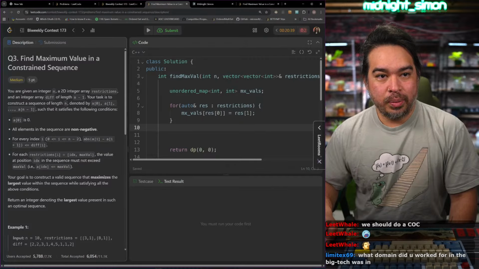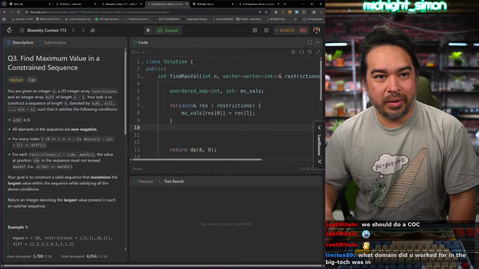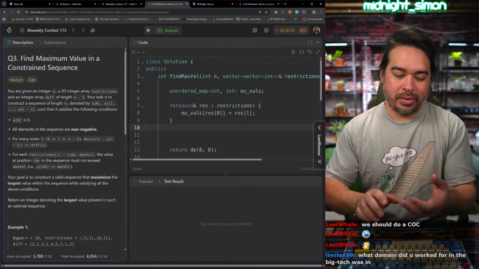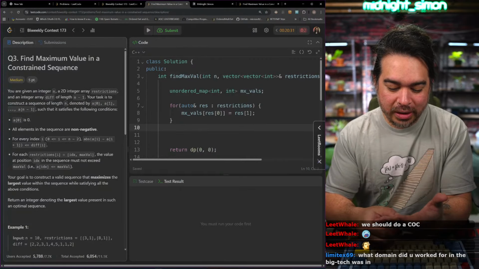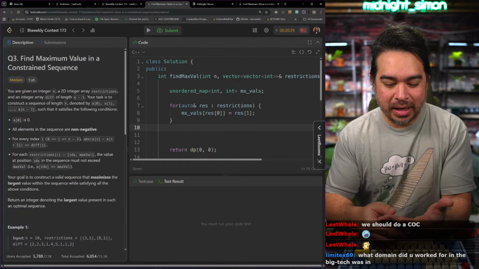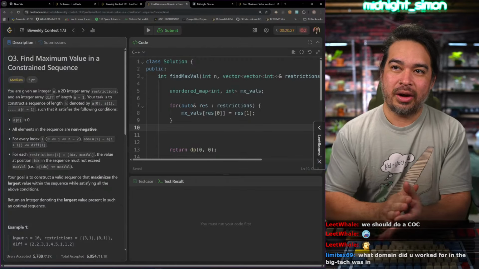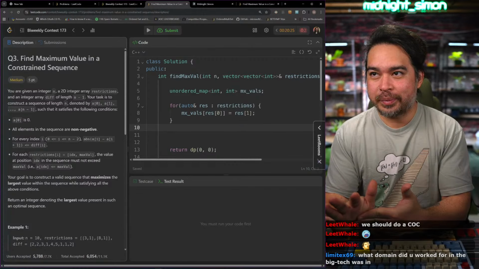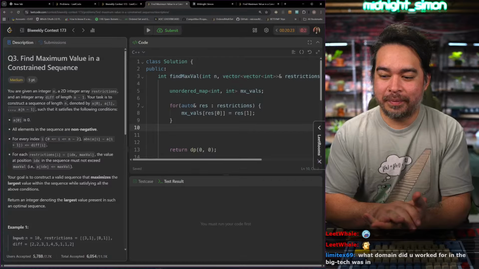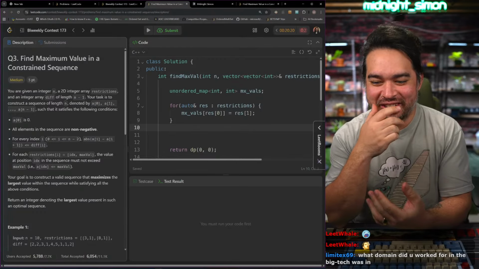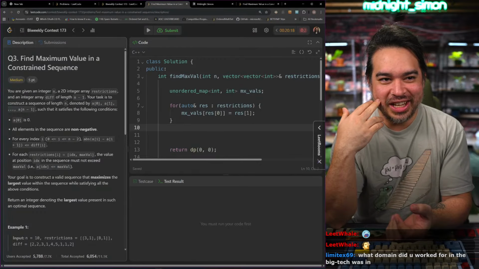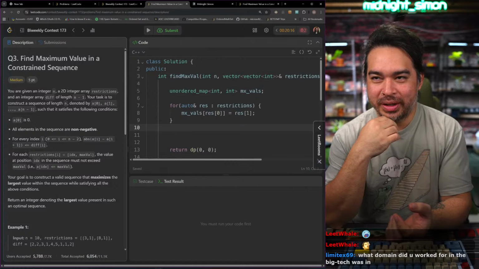What domain did you work for in the big tech I was in? Wait, are you asking what domain did I work in while I was at big tech? I was working in, I even forgot. Privacy and regulation for Google.